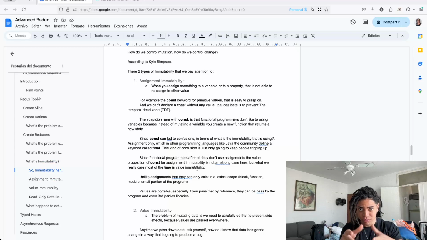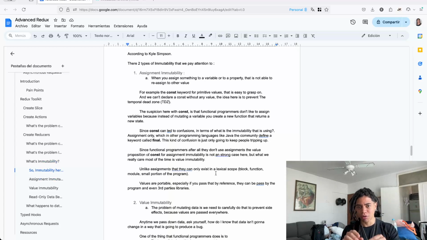And as we mentioned, we are talking about two types of immutability, which is the assignment, and quite frankly, if you are using the functional programming approach, that's not an issue, because most of the time functional programmers don't care to create all of these assignments.